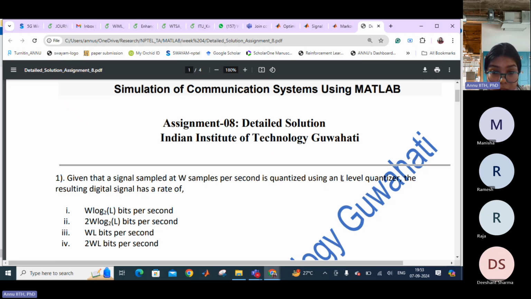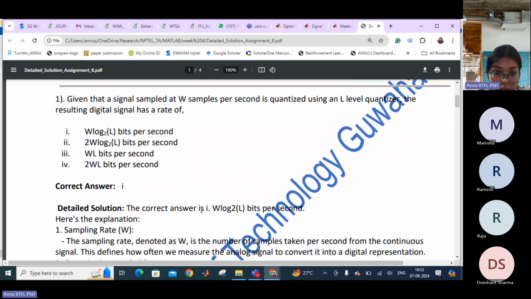Because of the L level quantizer, the step size is (Vmax minus Vmin) divided by 2^n, where 2^n is the number of levels, so n equals log2 L. Suppose L equals 2^n, where n equals log2 L, and it is sampled at W. So W times log2 L. So the answer is 1: sampling rate and quantization level.